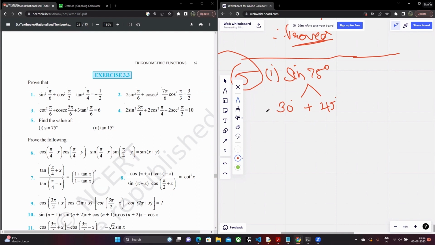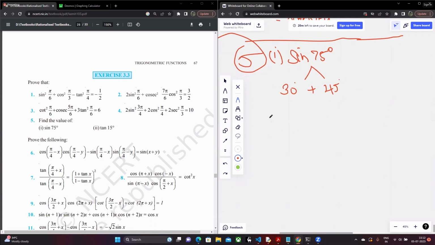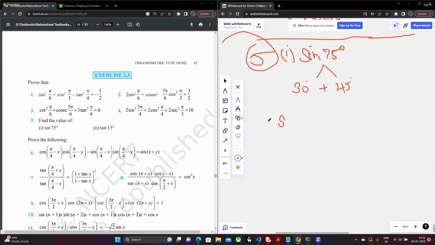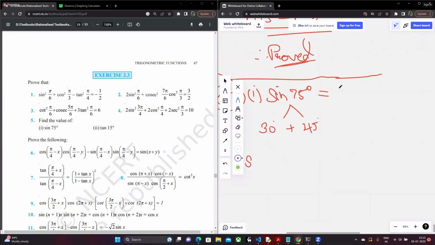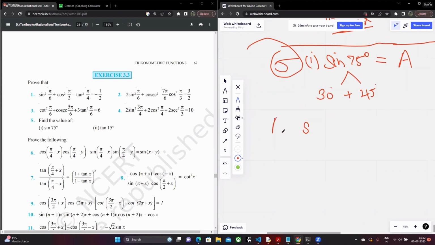Quite a digression, right? So this is 30 plus 45, that's 75, right? And 30 and 45 are going to be standard angles, right? So I can write this, let this be A, A for answer, right?